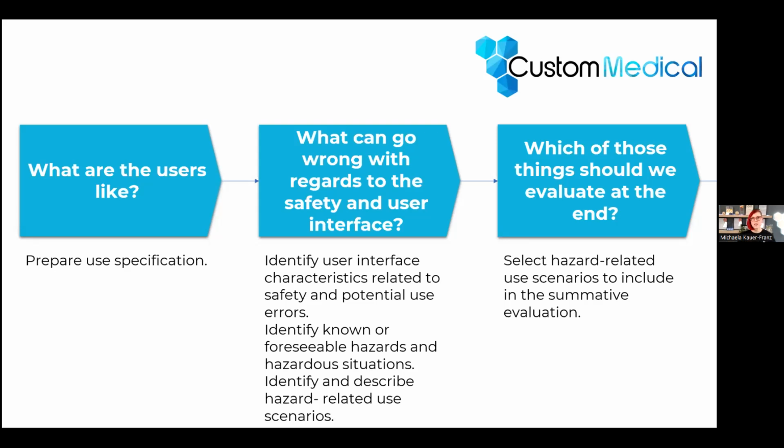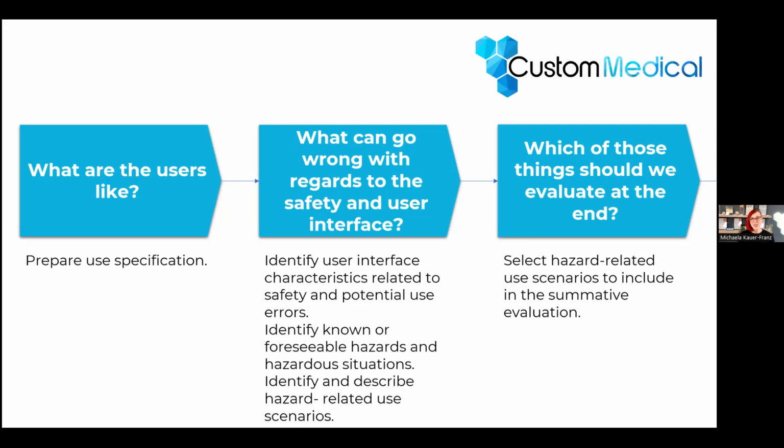The second version is you have to write a rationale and select those hazard-related use scenarios based on the severity of the potential harm. And the third selection scheme is you can select the hazard-related use scenarios based on the severity of the potential harm and certain circumstances related to the medical device and the manufacturer.